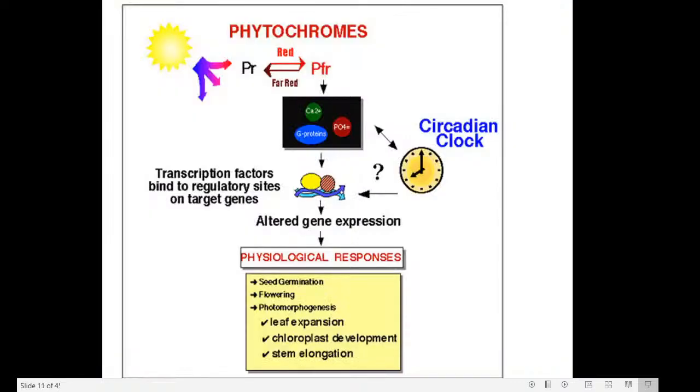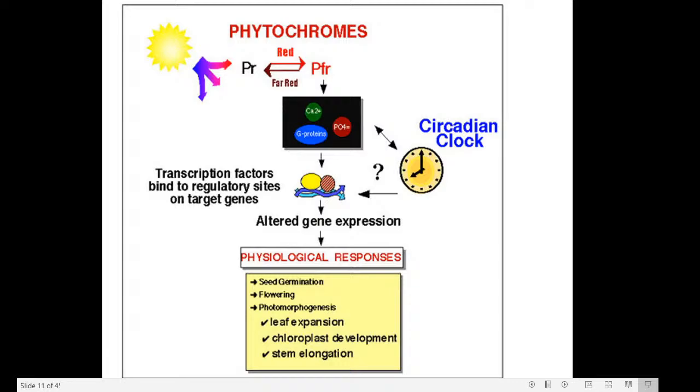This is another representation of how the gene is altered, due to the circadian clock. The circadian clock means the balancing of daytime and nighttime. In the daytime it observes the red light, and in the afternoon and evening it observes the far-red. So based on the light absorbance, it alters the gene.